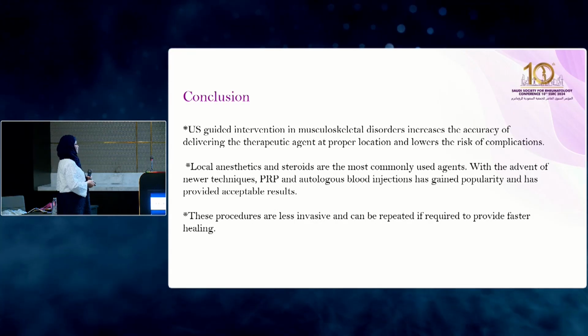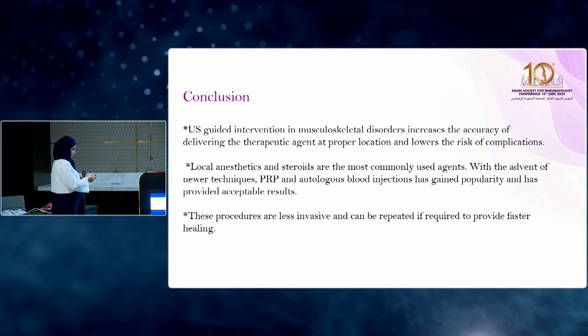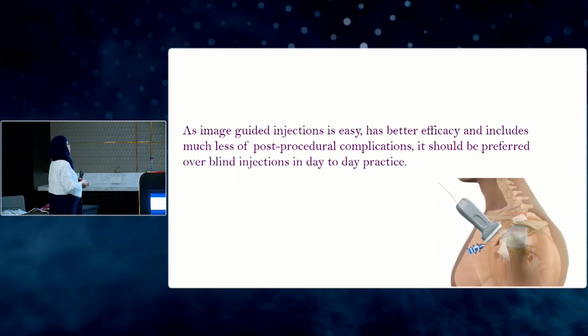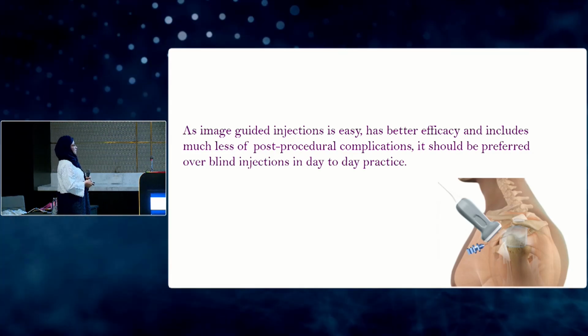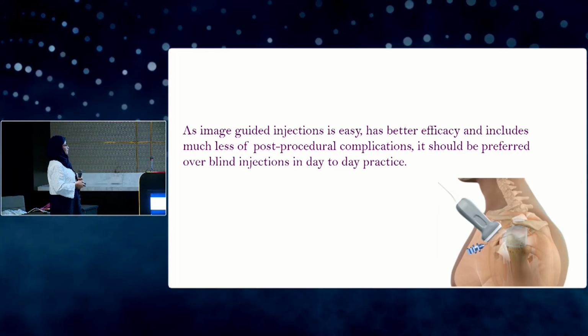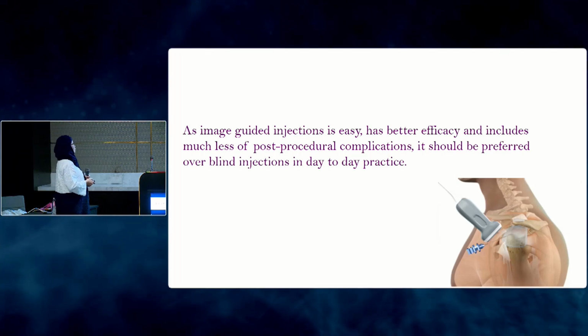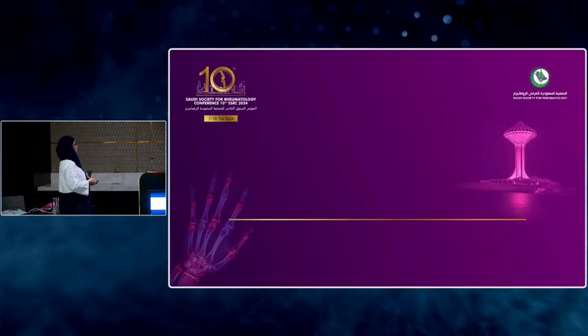These procedures are less invasive and can be repeated if required to provide faster healing. As image-guided injection is easy, has better efficacy, and includes much fewer post-procedure complications, it should be performed over blind injections in day-to-day practice.